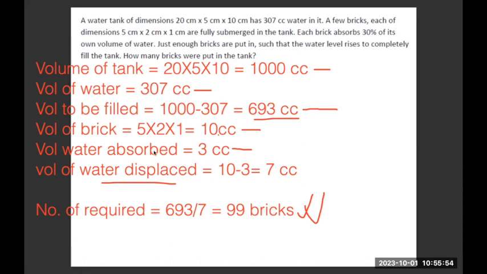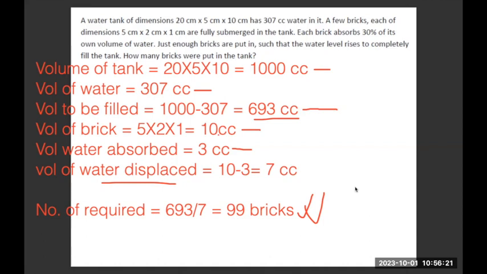But it is said that it is absorbing 30% water, which means out of the 10 cc, 3 cc is absorbed. The remaining will be displaced. I mean, the volume of brick responsible for this water displacement will be 7 cc, the remaining volume. Okay.